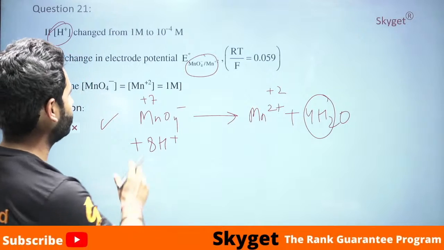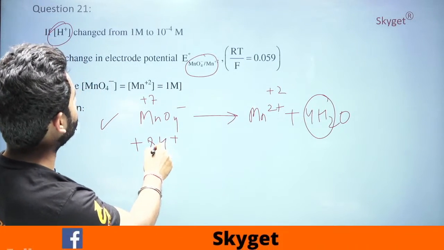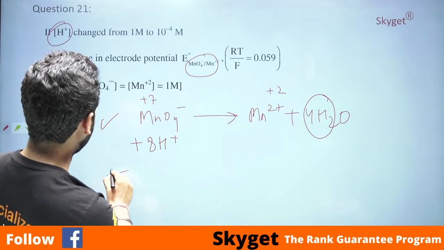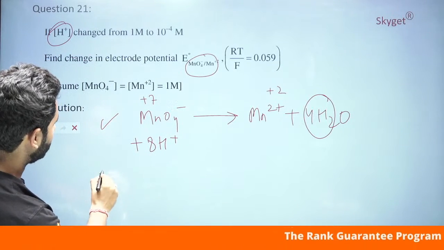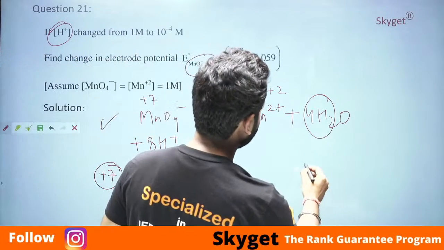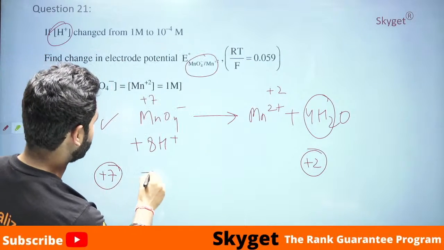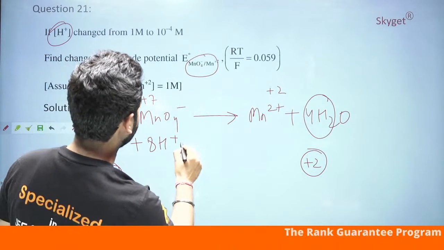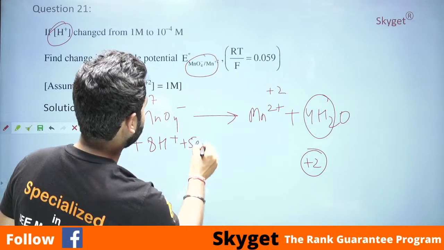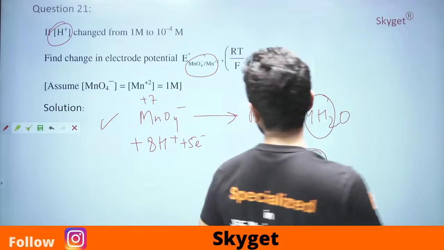Now we have to balance the charge. Here we have 8 plus 8 minus 1, 7, plus 7 on the left side, total charge. On the right side we have plus 2. How to balance the charge? By adding electrons. It means in this equation on the right side we add 5 electrons. That's it. This is a simple equation you need to know.